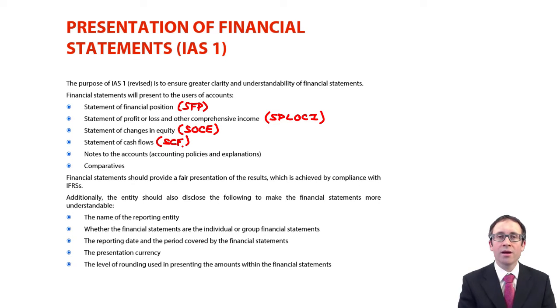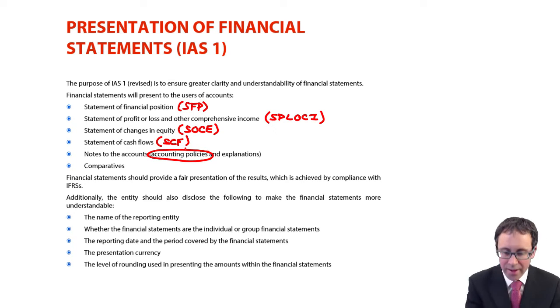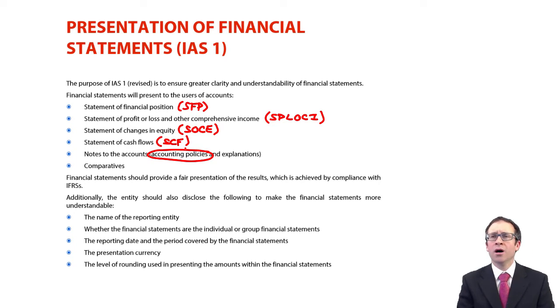Then what you've got as well is looking at the notes to the accounts. So that will go through and tell us all about the accounting policies. So how do we measure our inventory? Yes, it's the lower of cost and NRV, but do we adopt a LIFO or a FIFO methodology?